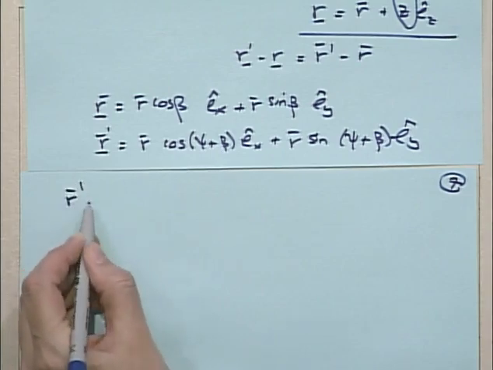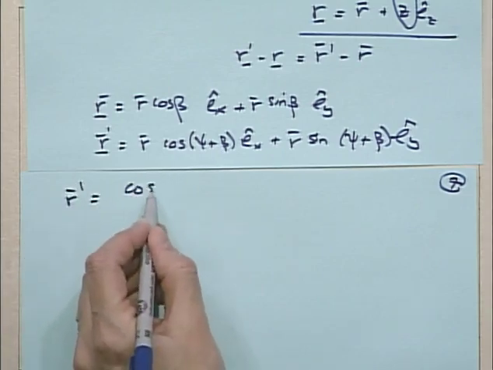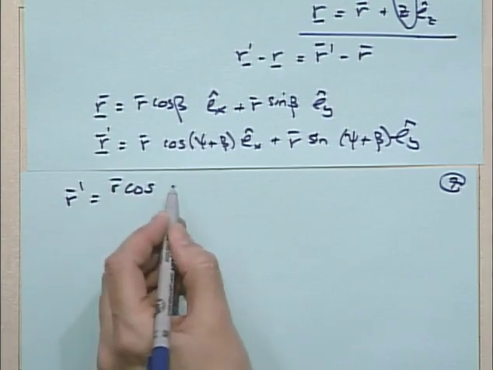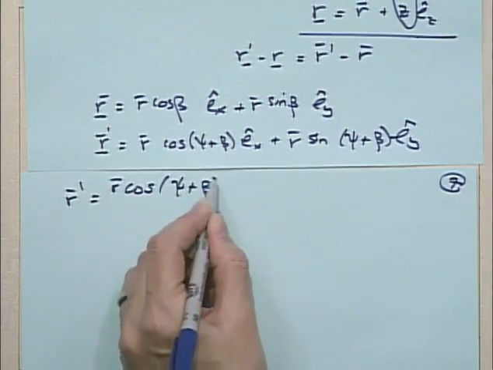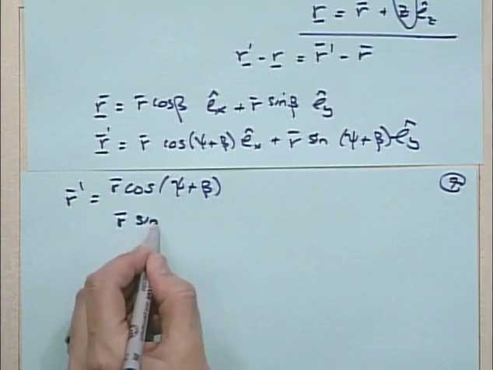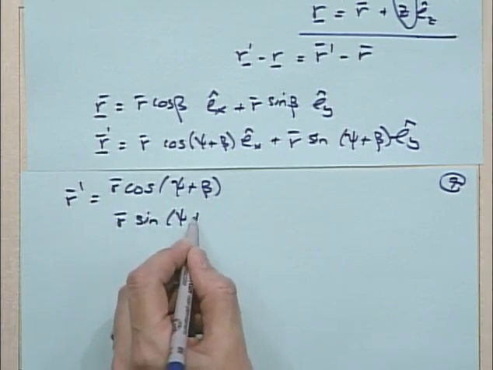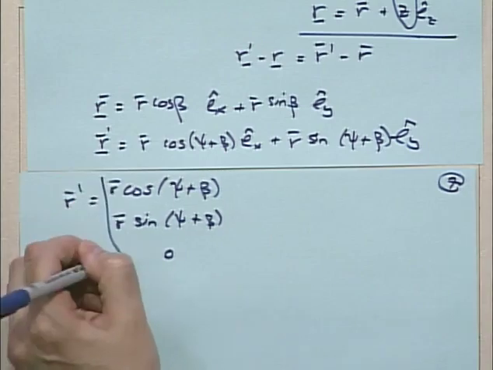So R bar prime is equal to cosine(psi plus beta) R bar, sine(psi plus beta) R bar, 0.